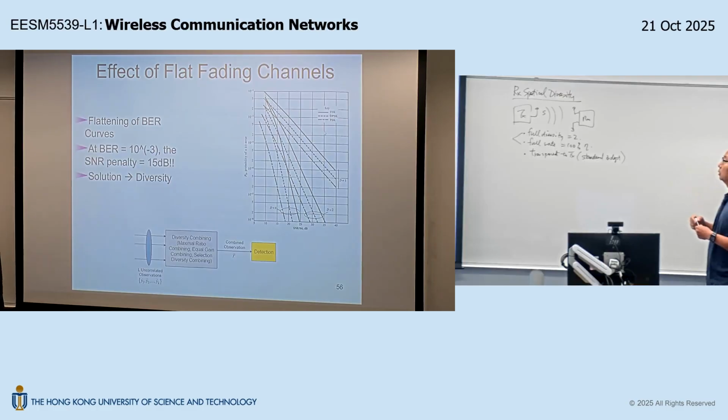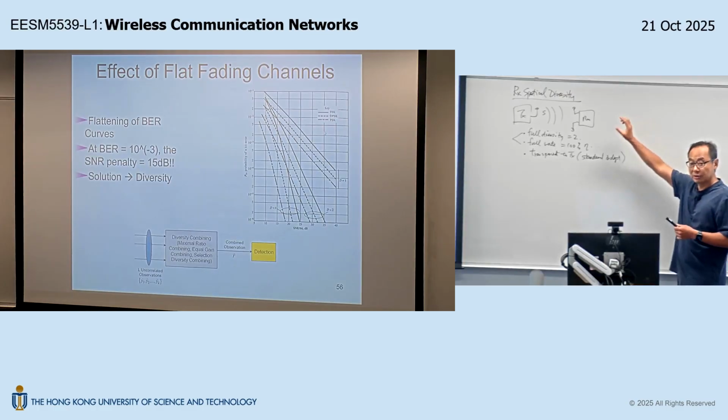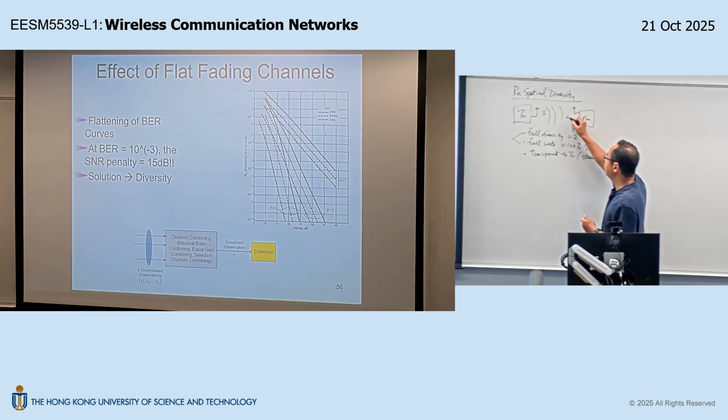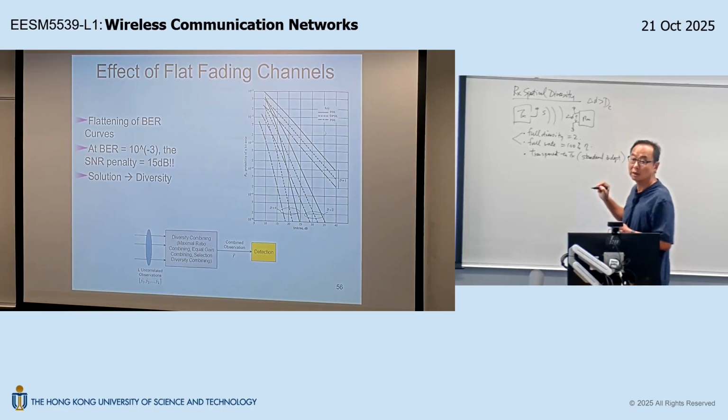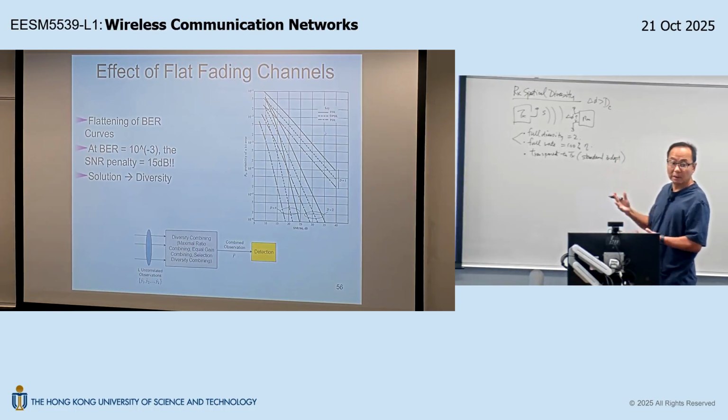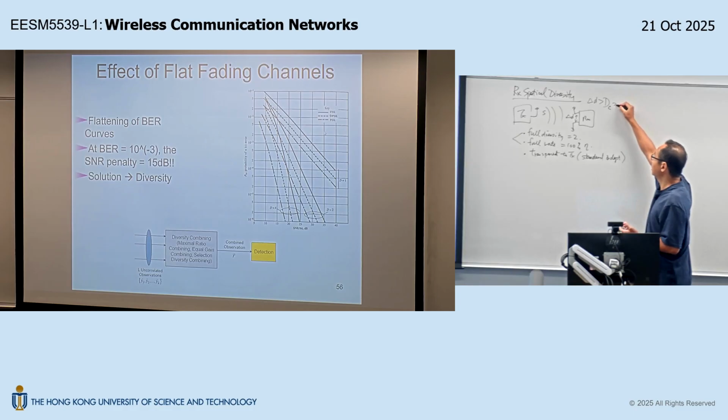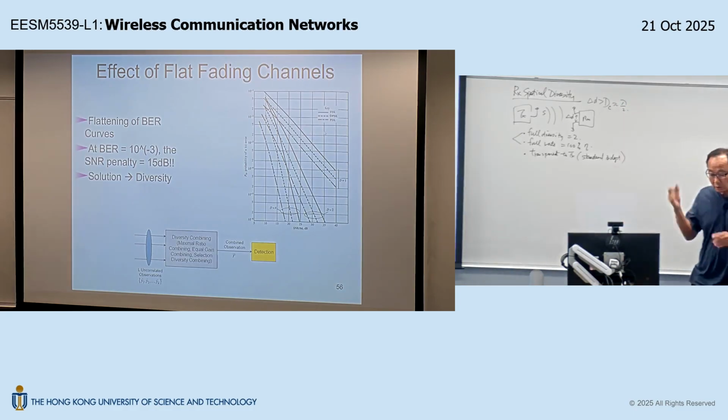But the only problem is this spatial separation needs to be larger than the coherence distance, right? And this coherence distance at the mobile station is usually half lambda, okay? So the problem is the receiver handset usually has very limited real estate, so you cannot put up too many independent antennas.